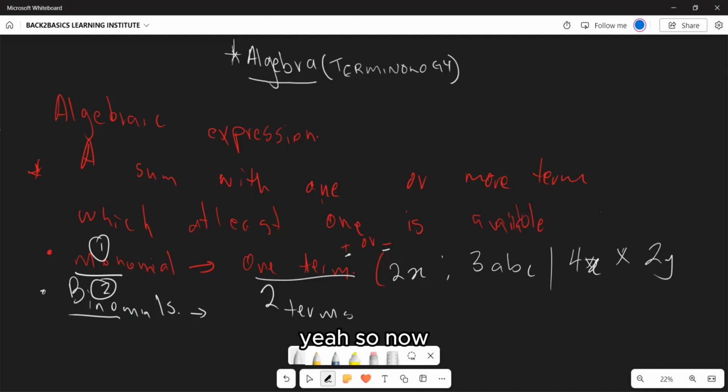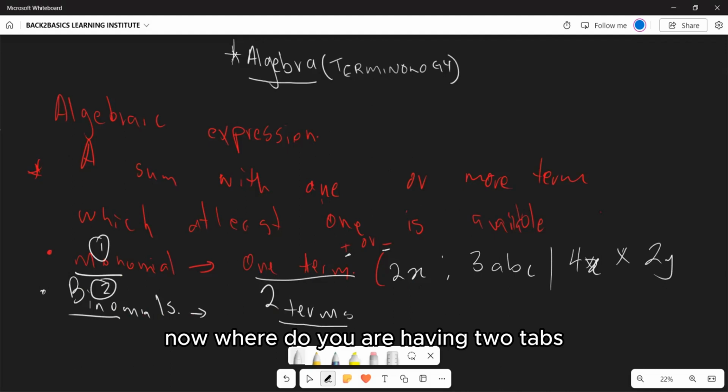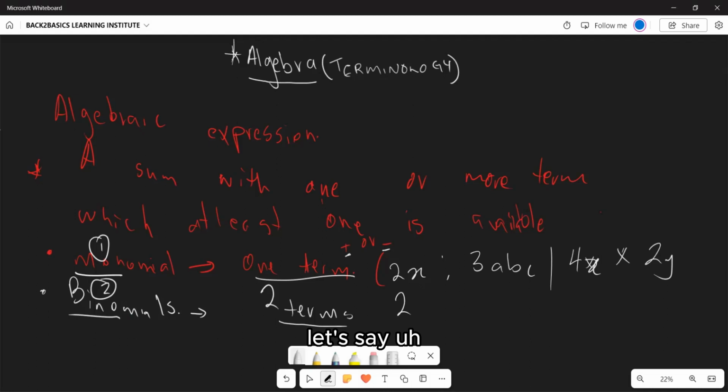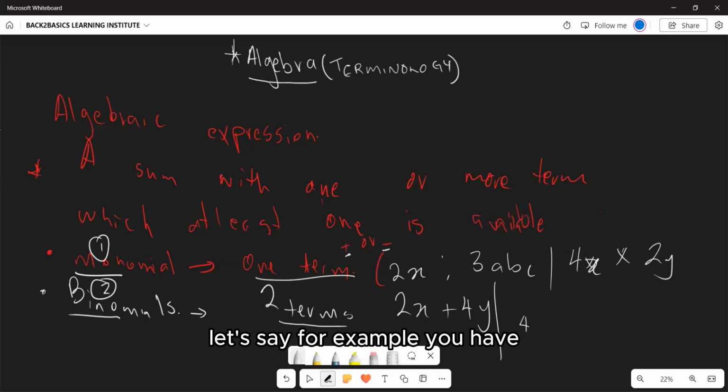So when you are having two terms altogether, it's when you have, let's say, 2x plus 4y altogether. These are two terms. Or in another case, for example, you have 4ab plus 3ac altogether.